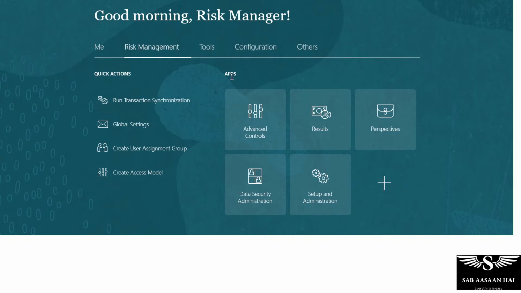Today, our focus will be on the advanced controls tool for SCM. Controls are used for financial reporting purposes, to check fraud or any transaction happening. Controls we use for finance, and models we normally use for the HR module. So let's click on advanced control.